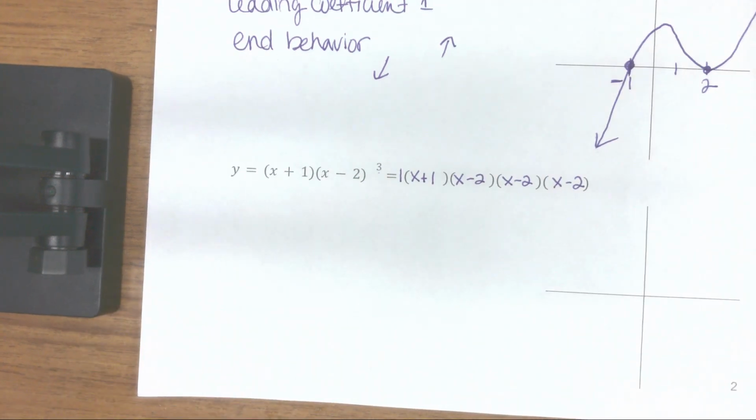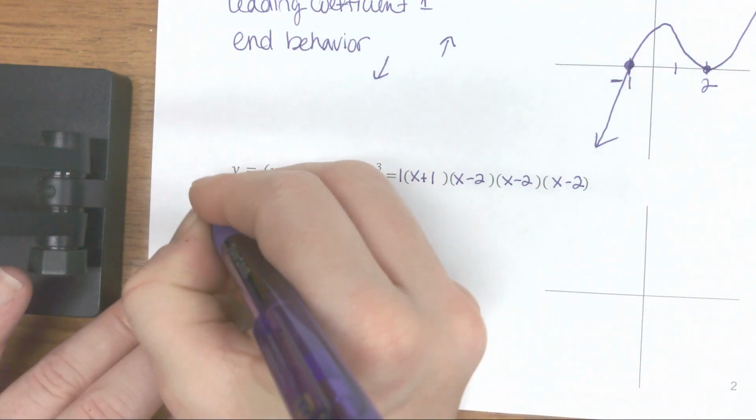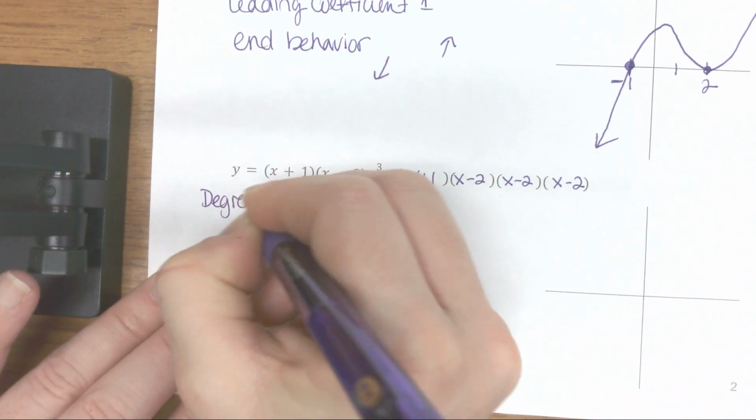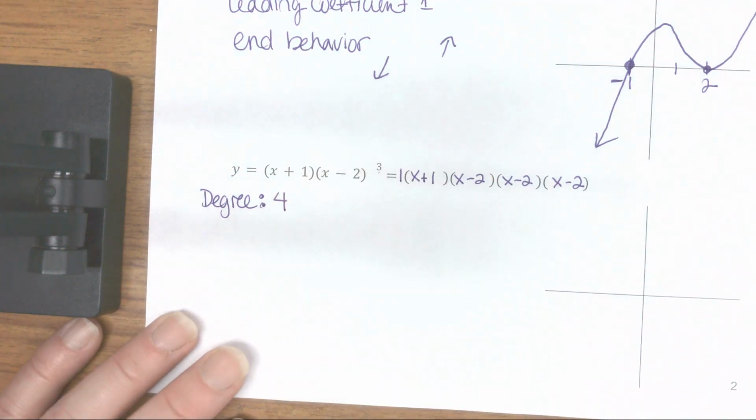All right. Would you write down what you think the degree of this polynomial is? Take a look at your partner's paper, see if they get the same thing. All right, did you put a degree 4?